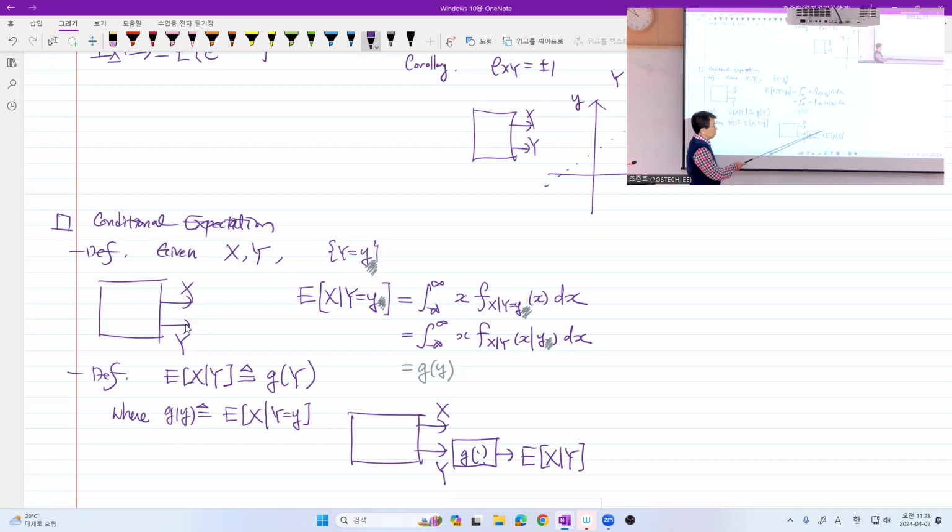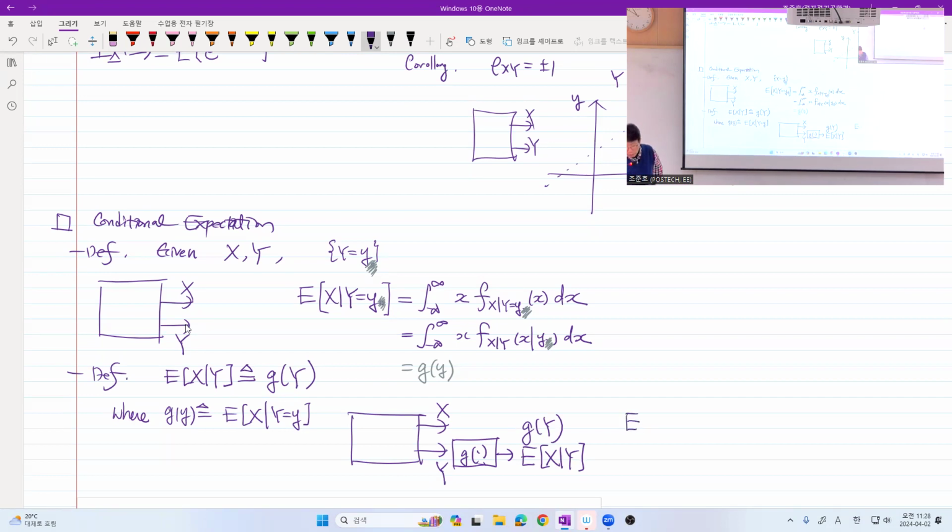So let me ask you a question. What is this one? It's a random variable, okay? Be careful. When this function is g of y and it is driven by Y, we have notation like what? Capital G of Y. However, if we stick to that notation, we have a strange notation like this.